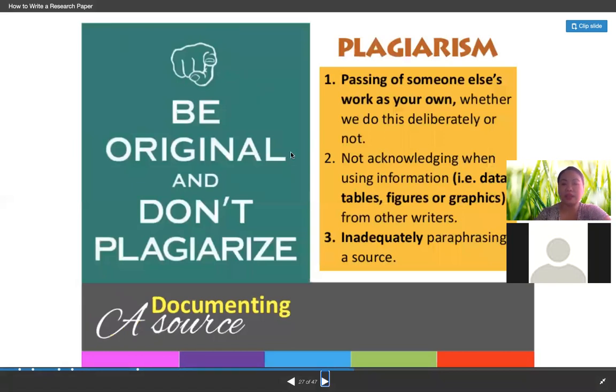So another point in writing is to be original and don't plagiarize, no? When you say plagiarism, it is passing off someone's work as your own, whether we do this deliberately or not, and not acknowledging when using information such as data, tables, figures, or graphics from other writers.